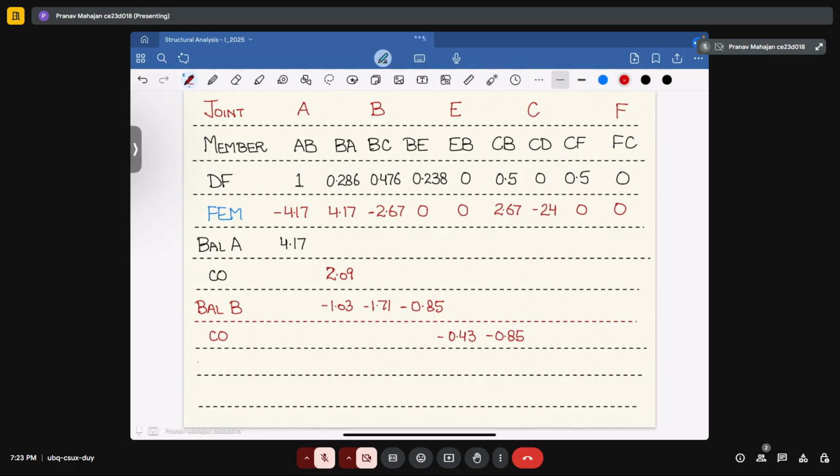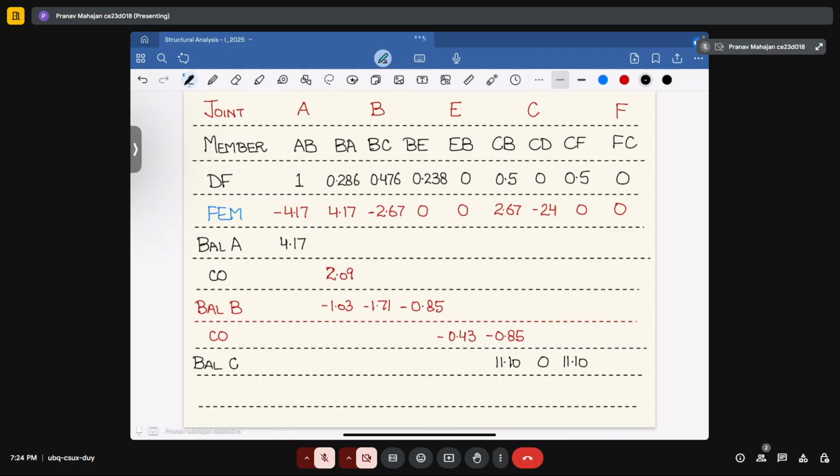Now we will balance section C. So if we try to balance section C, what will it become? Here you have minus 24 plus 2.67 plus minus 0.85 will also come, and then your distribution factors will become 11.10, 0, and 11.2.